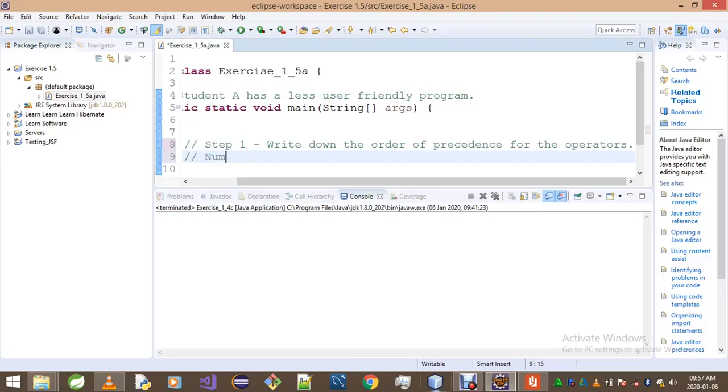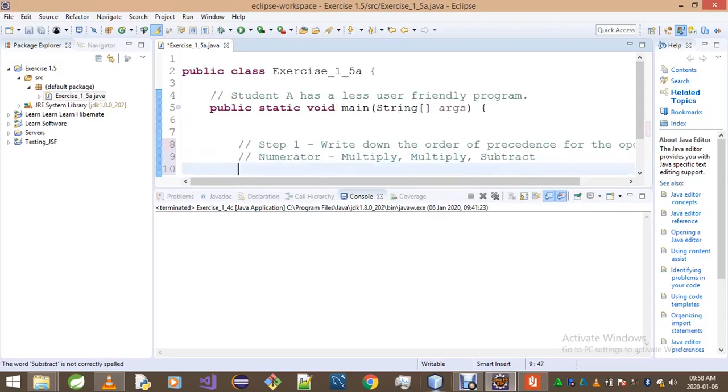So on the numerator, we've got multiply. On the numerator we gotta multiply, and then multiply again, and then subtract. Told you guys I really suck when it comes to spelling. It's subtract, not subtract. Okay.